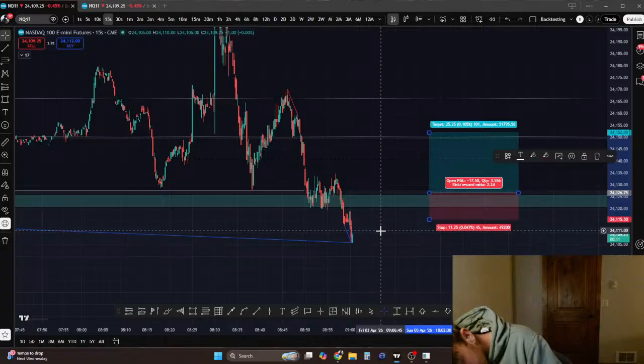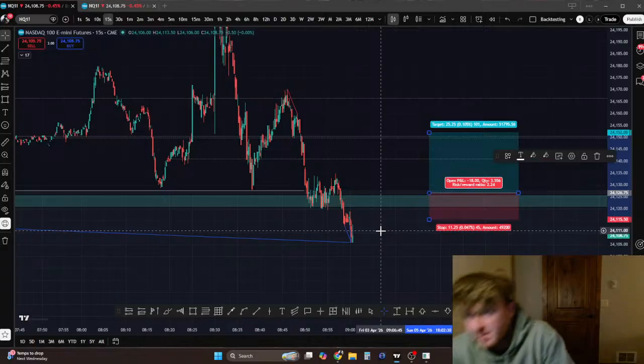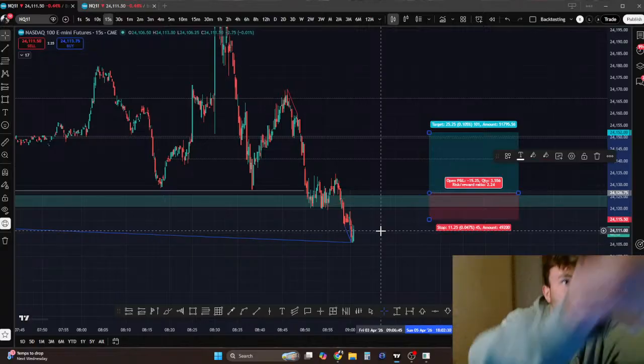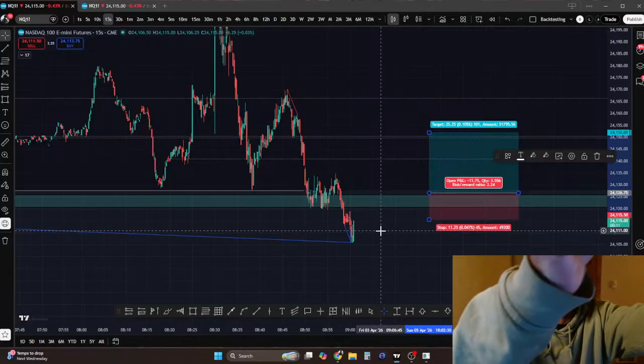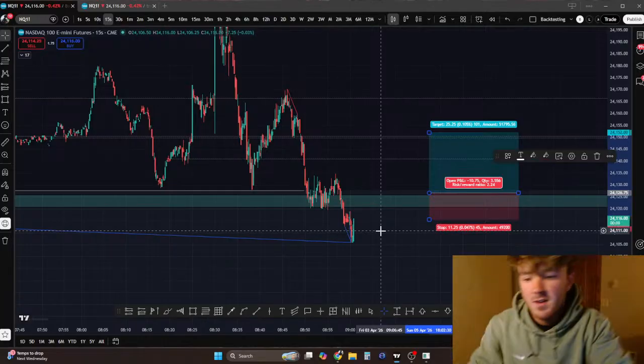So I'm just gonna record. It's just because my TradingView won't tell me how many losses I've taken, so that's why I have it. I'm just gonna keep a sticky note of my losses.